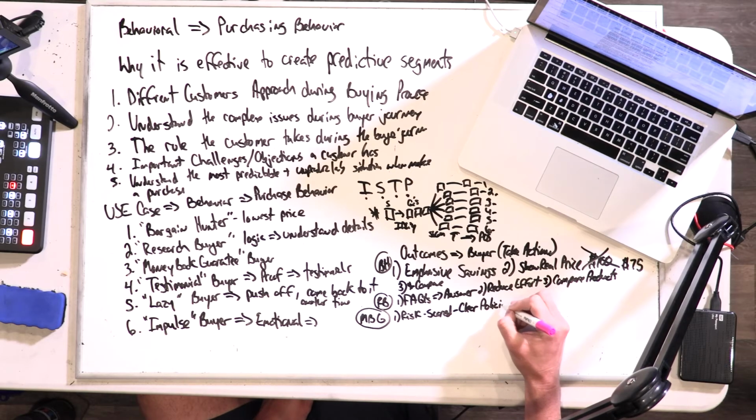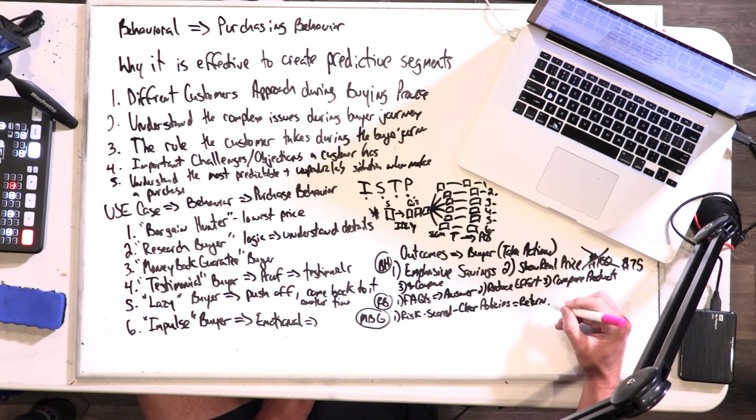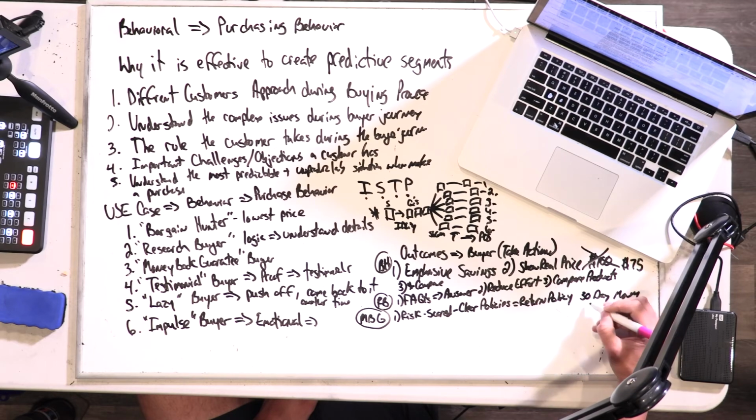If you have a return policy, you've got to make sure they know exactly what that return policy is. If you're doing one of those 30-day money-back guarantees, right? Try my product. If you don't like it within 30 days, return it. No problem. You're telling the buyer, I've got value, man.